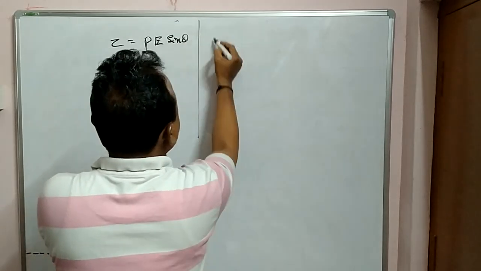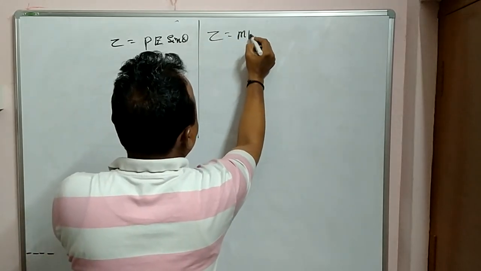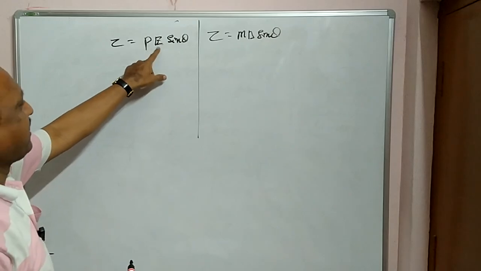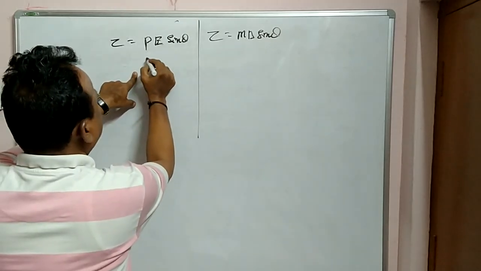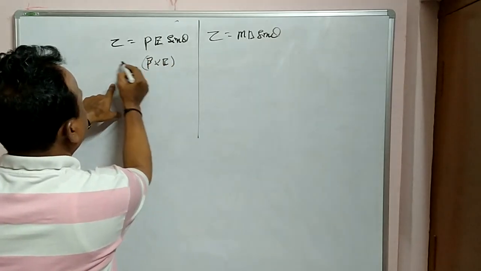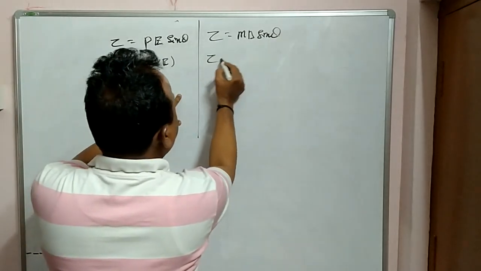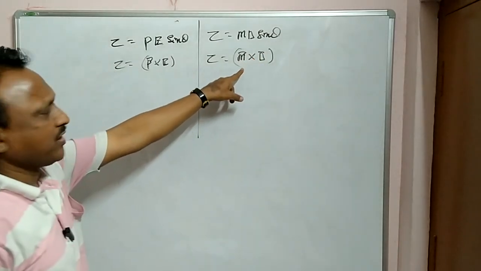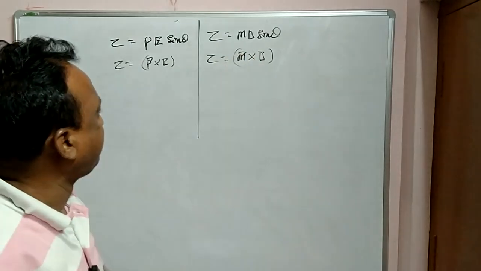In magnetism, torque is equal to MB sin theta. Here you can write P cross E, torque or couple. Here it is M cross B, the magnetic dipole moment into the magnetic field.